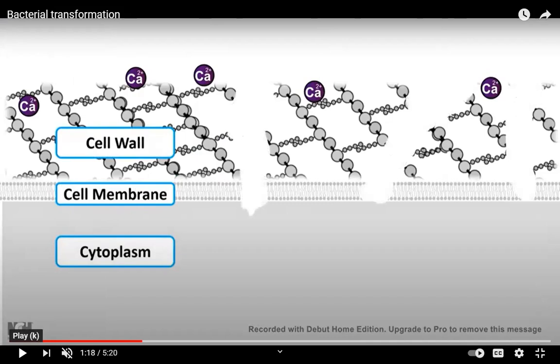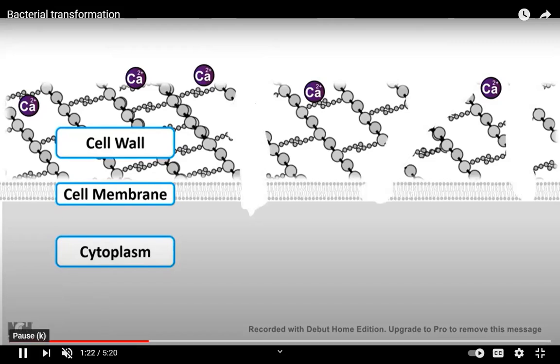DNA would normally be rejected or not allowed through because DNA has a negative charge, and those hydrophobic tails are going to prevent it from passing through. The process of transformation will then make breaks in the membrane, and that's going to allow the DNA, the plasmid that we want, to enter into the cell.